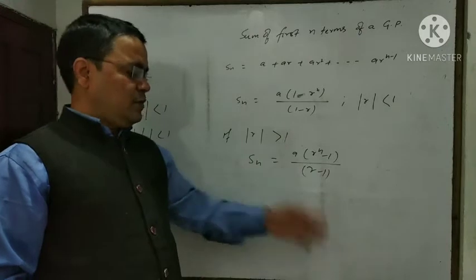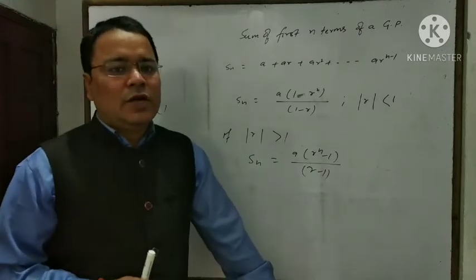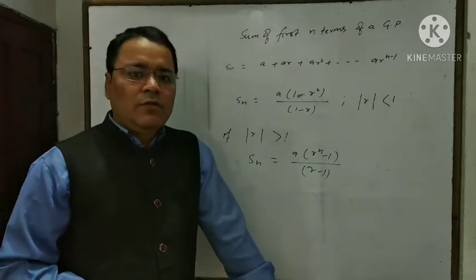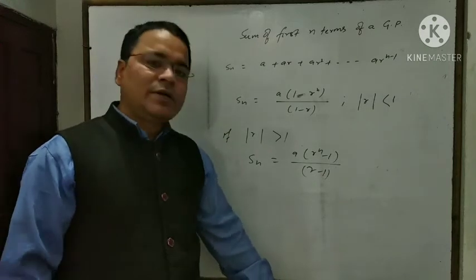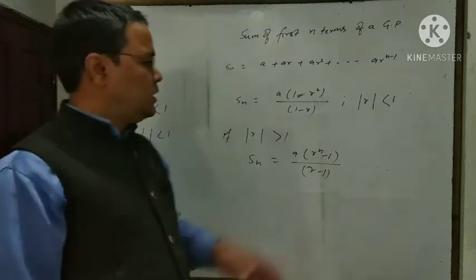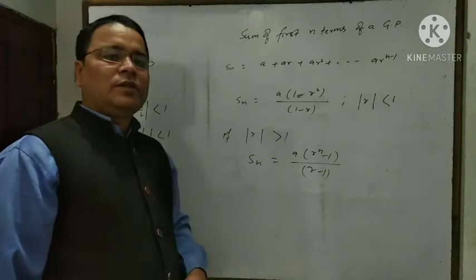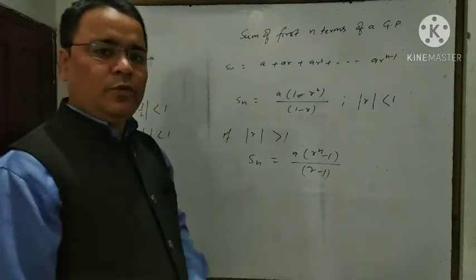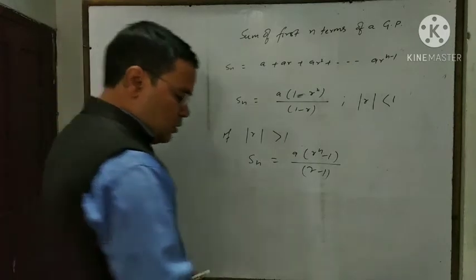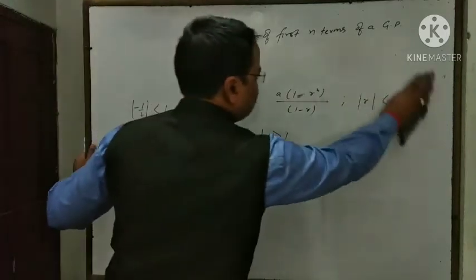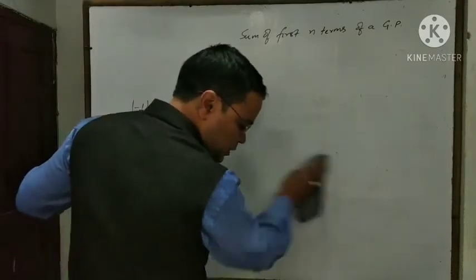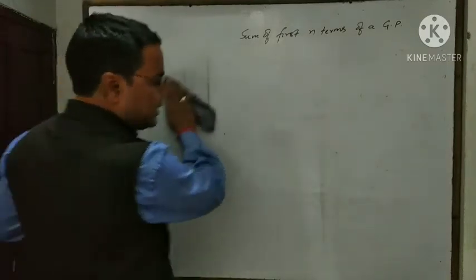In this way, we find all three cases: when the value of the common ratio is greater than 1, less than 1, and equal to 1. In all three cases, we just find the sum of the first n terms of the geometric progression. Getting?